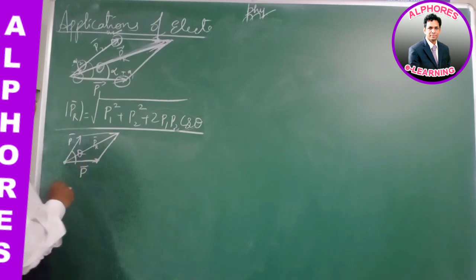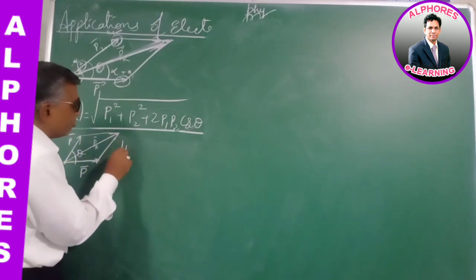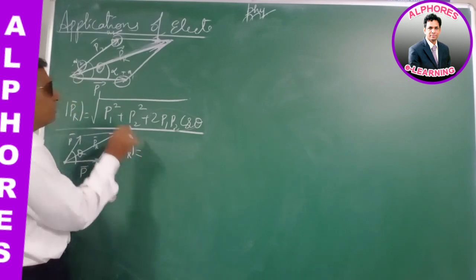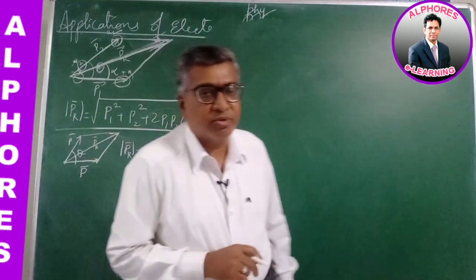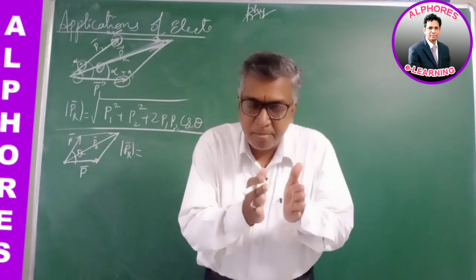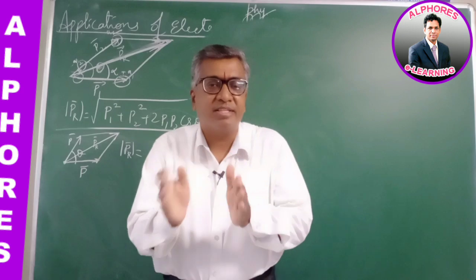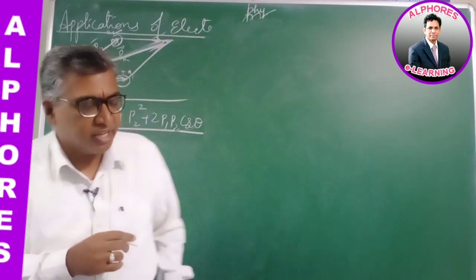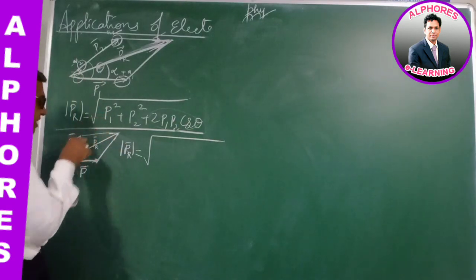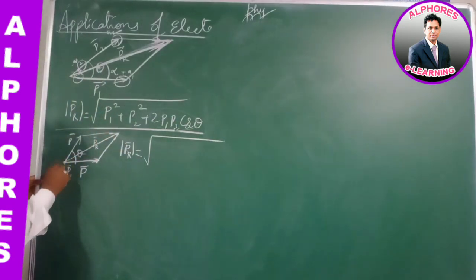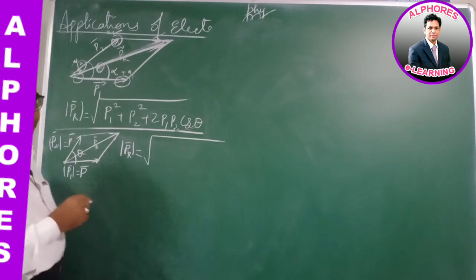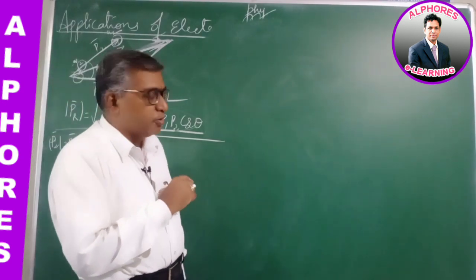Now the resultant dipole moment is given, according to the parallelogram law of vectors, as R equals root of A square plus B square plus 2AB cos theta. But here A and B magnitudes are both the same, P. So substituting, P1 magnitude is P and P2 magnitude is also P, two dipoles of the same magnitude P each.